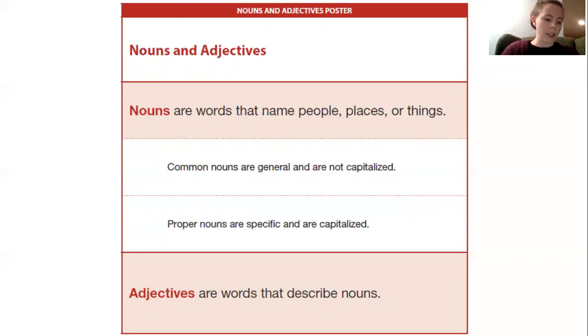And then proper nouns are specific and are capitalized. So names of people and places are capitalized, they're proper nouns. And then another type of word that we're talking about today are adjectives that are words describing those nouns.